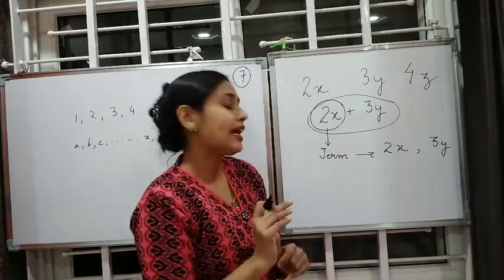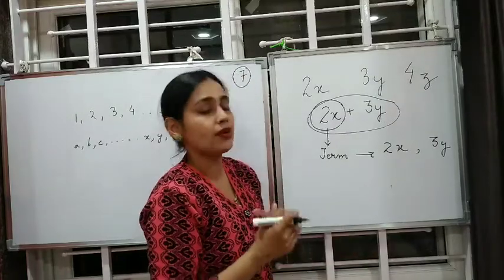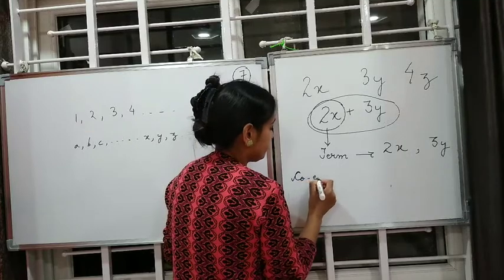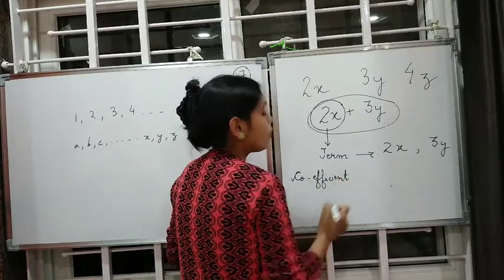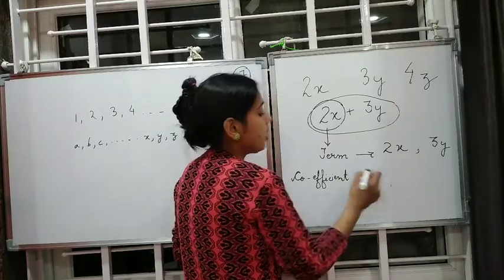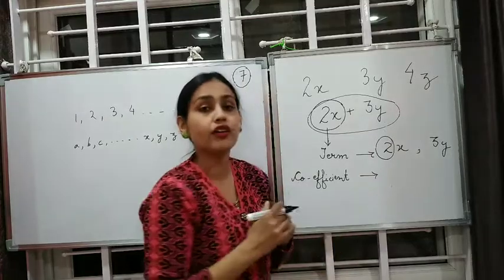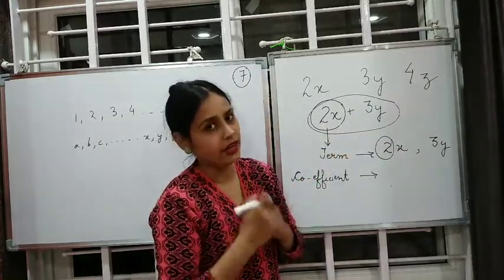The next more important thing about the algebraic expression is the coefficient. The coefficient is actually the numerical value of each and every term.